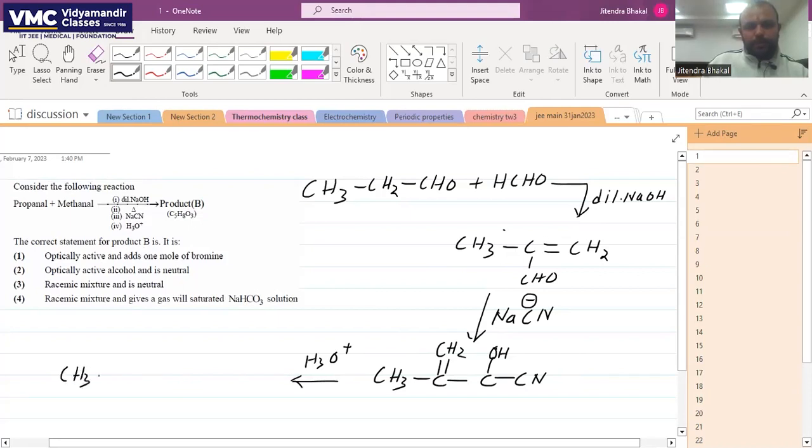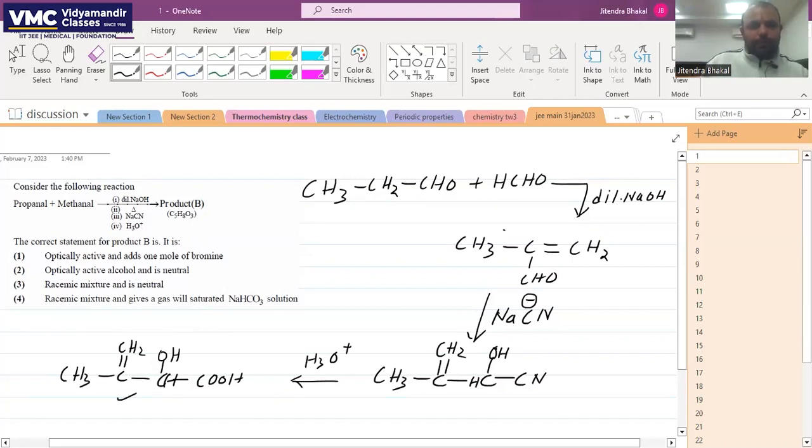So it is CH3 double bond CH2, OH and C double bond O, H. Okay. So we can match the formula of B also, that the same formula is there.